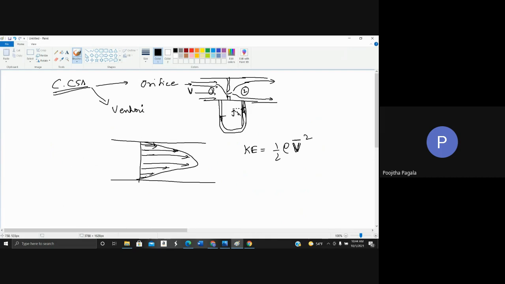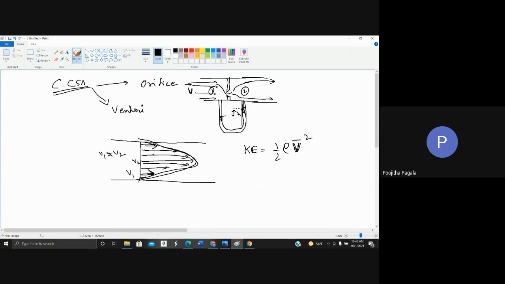But clearly you know that the velocity is not uniform. So if you look at this, this could be some velocity V1 and this could be some velocity V2. Clearly V1 is not the same as V2 and the velocity is continuously varying across the cross section.